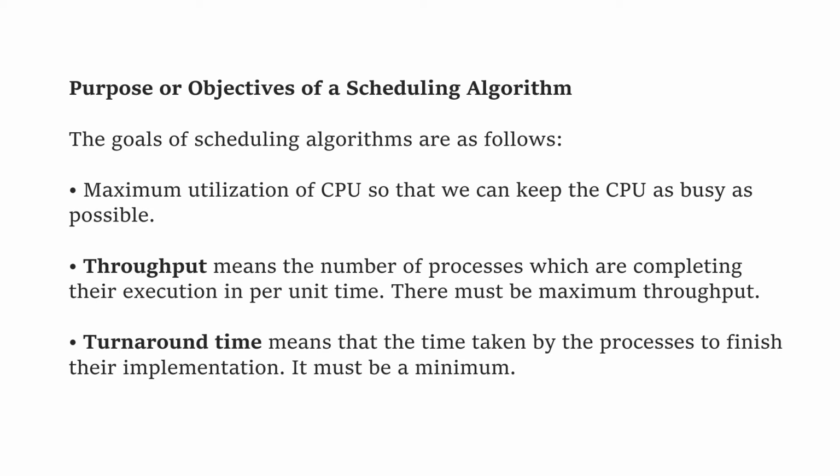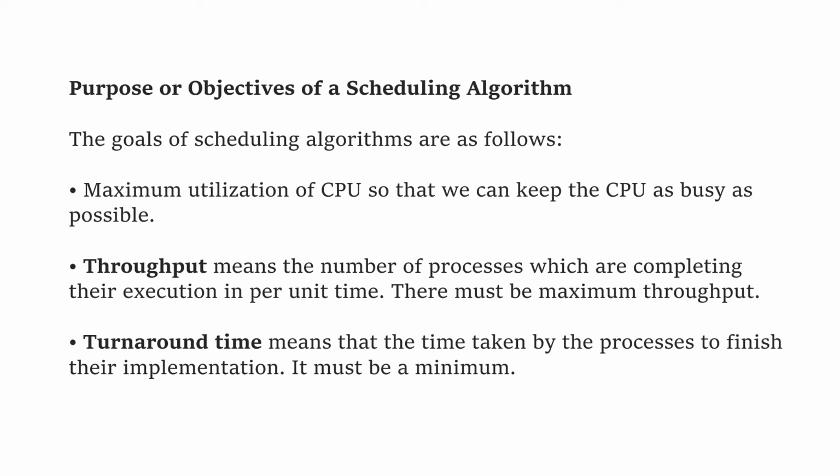Throughput means the number of processes which complete their execution per unit time. This has to be maximum. That is, we should have maximum throughput. To achieve this also, we are using these scheduling algorithms.